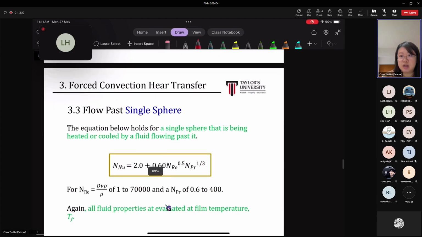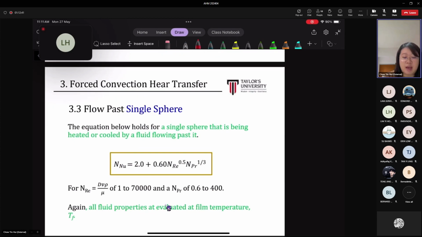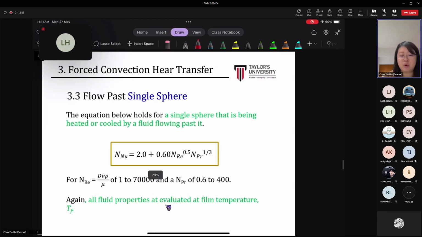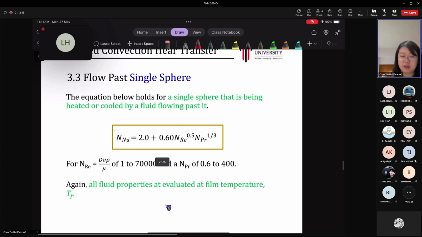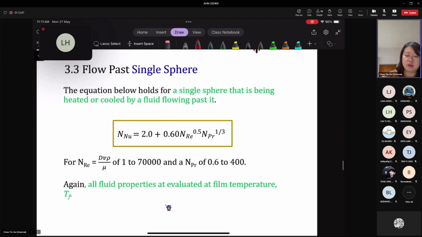The next part is flow past a single sphere, either heated or cooled by a fluid flowing past it, something like this, a sphere. The Nusselt number, same thing, is hd over thermal conductivity.